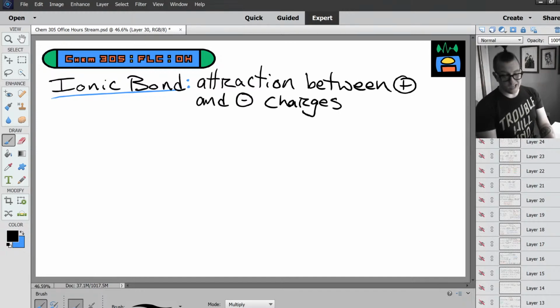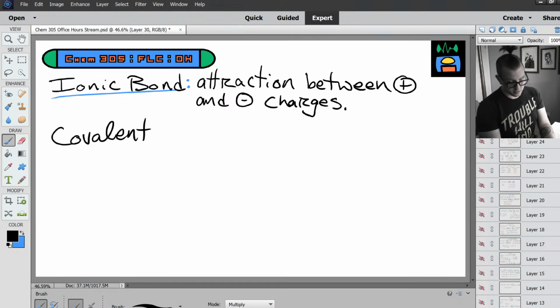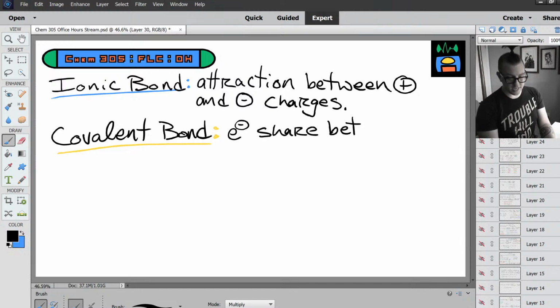All right. When we were talking about a covalent bond, we are talking about electrons shared between nuclei.